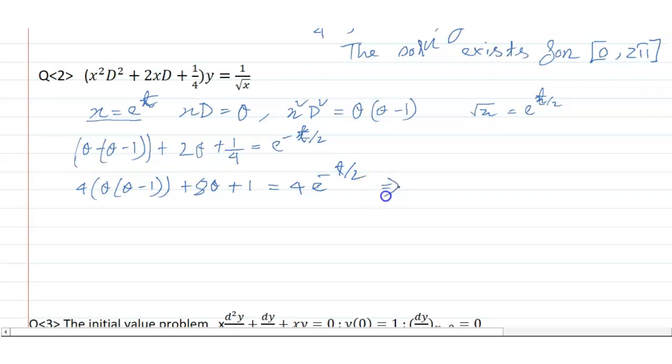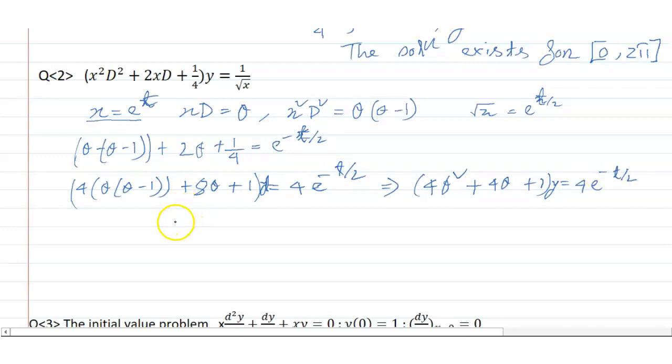So whatever I get, the value is (4θ² + 4θ + 1) y equals 4 e^(-t/2).